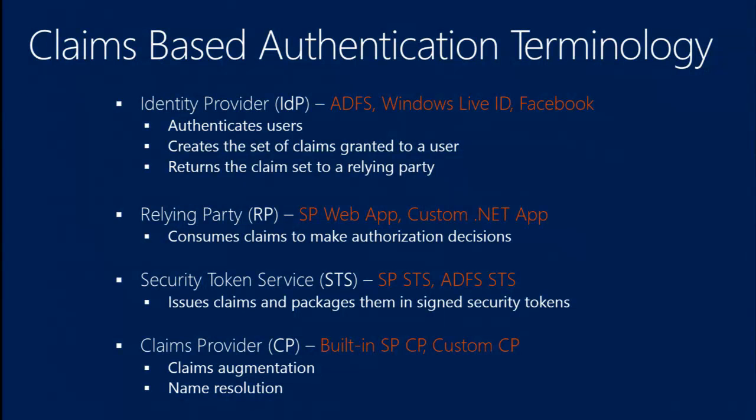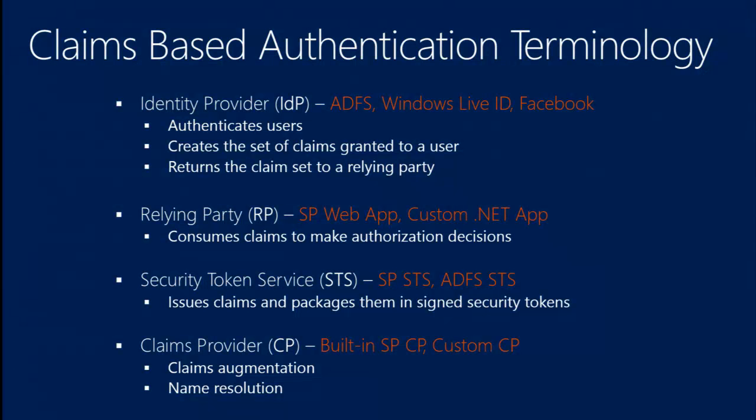Claims augmentation is part of a process that occurs after you log on to a claims authentication site. Basically, after a user logs on successfully, all registered claims providers for that web application are triggered. And when the claims providers are triggered, they can add claims that were not provided at logon time.